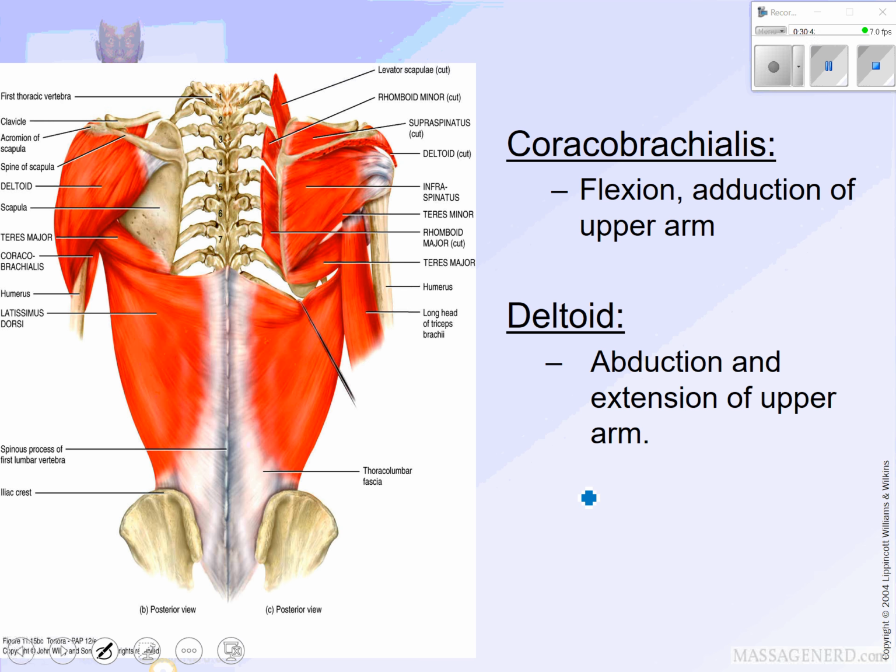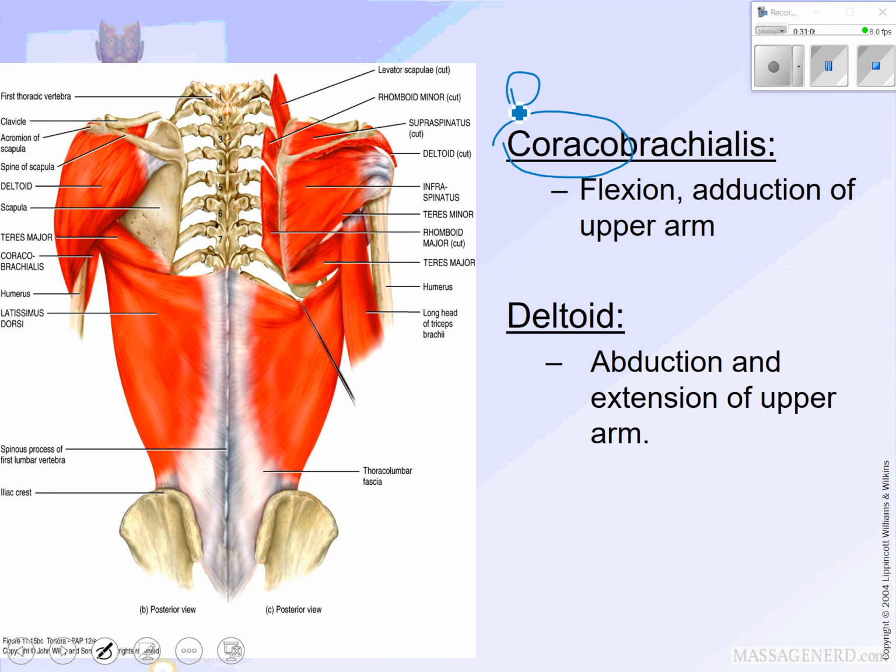Coracobrachialis causes flexion and adduction of the upper arm. It gets its name from what it attaches to: it attaches to the coracoid process of the scapula, so that's the origin. The insertion is the humerus, where your brachialis muscle is. Your deltoid inserts on the deltoid tuberosity of the humerus.